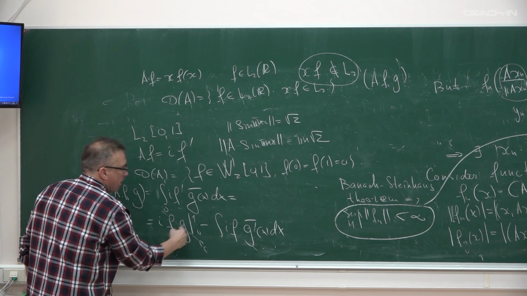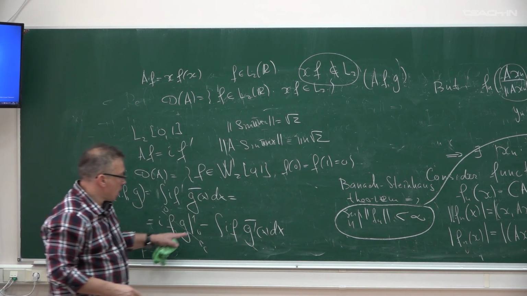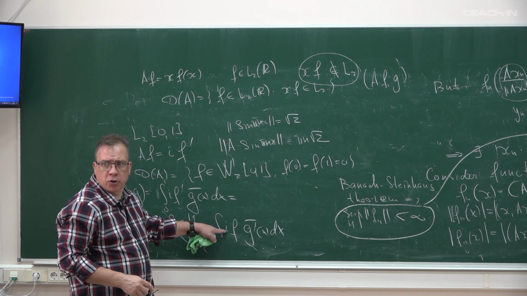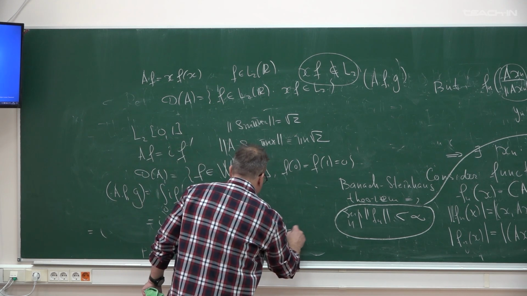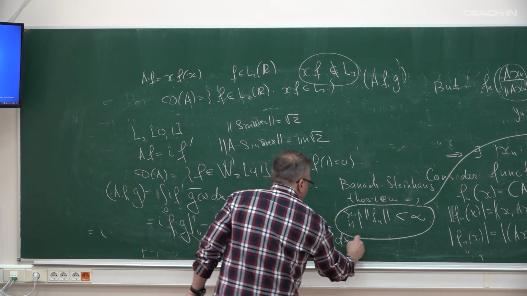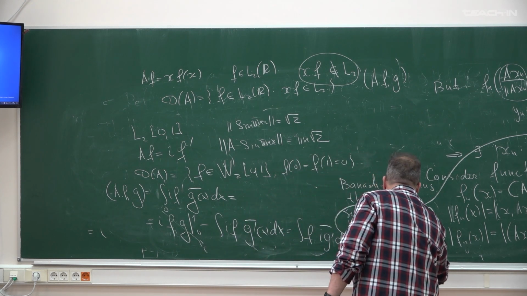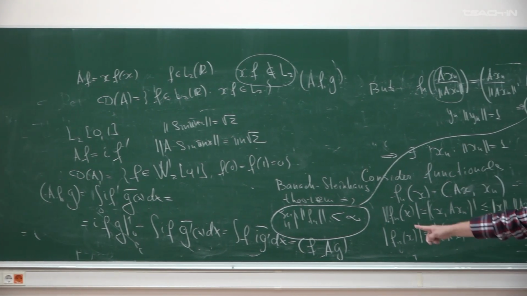This is 0 by the boundary conditions. And then put the imaginary unit outside the conjugation. You immediately obtain this.